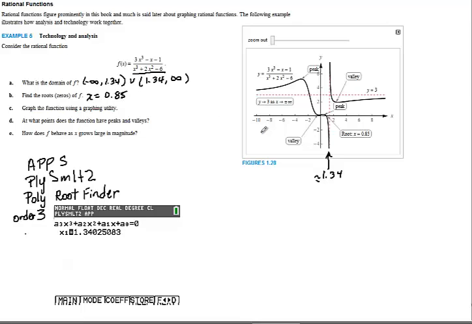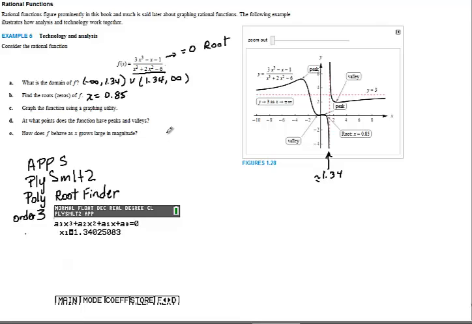Sometimes it'll cross more than once, and if it crosses more than once, you have to find all those roots. The roots are where the numerator equals 0. So for the domain, I'm going to look at where the denominator equals 0, and for the roots, I'm going to look for where, if this equals 0, it's going to be a root.